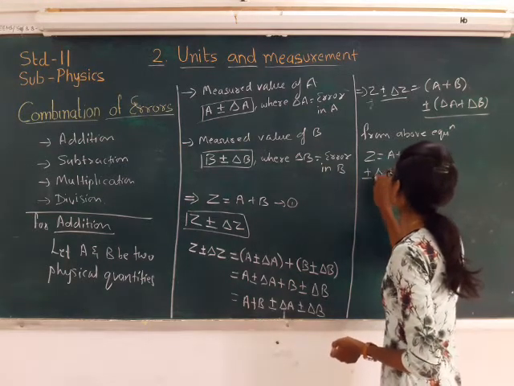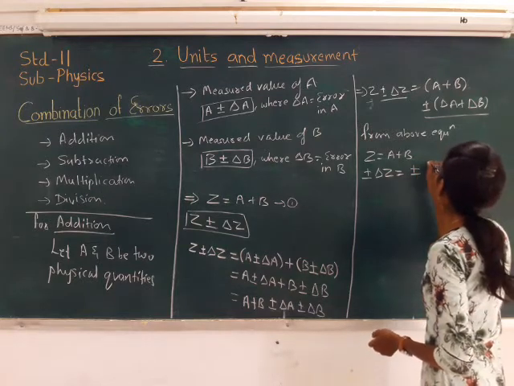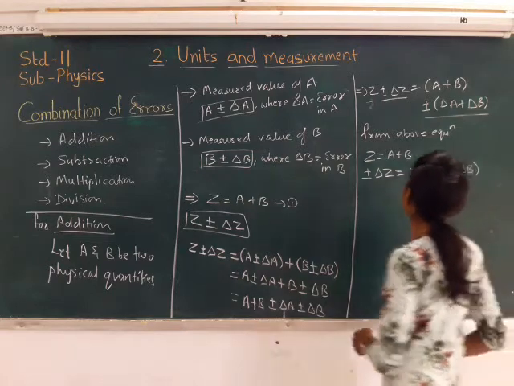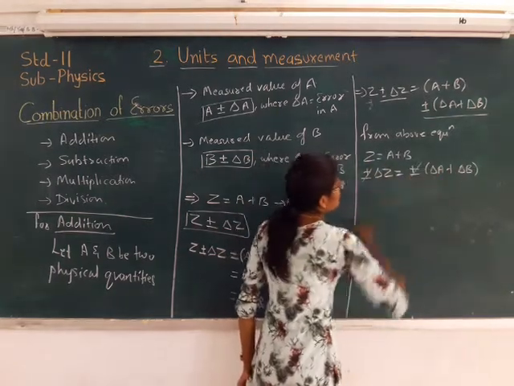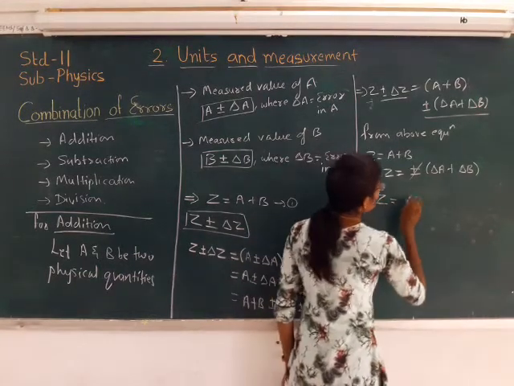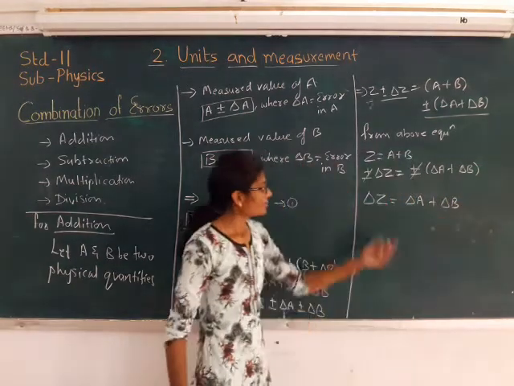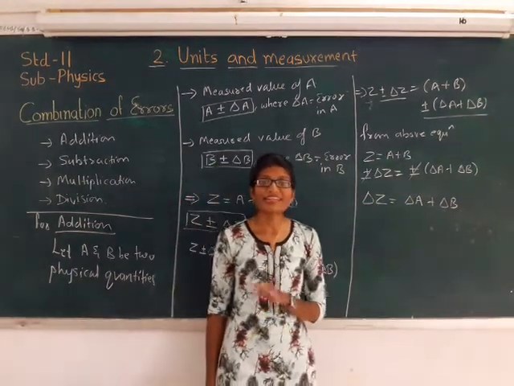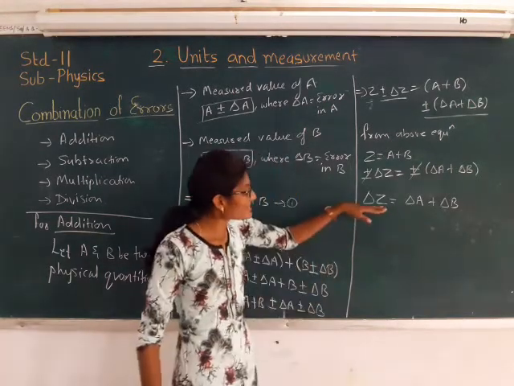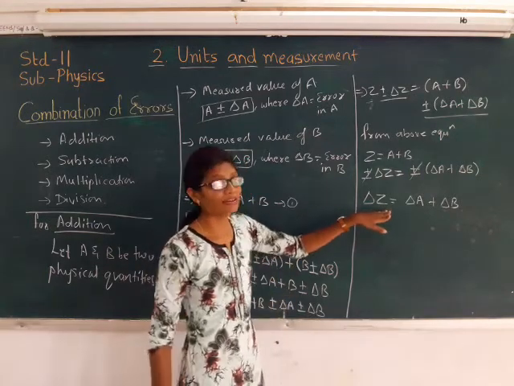So I can write like this: plus minus delta Z equals to plus minus delta A plus delta B. Cancelling this plus minus symbol, what I am having is delta Z is equals to delta A plus delta B. Now see, the error that we are getting in the result, that is delta Z, and we have seen that this delta Z, that is what? That is the absolute error in the result.